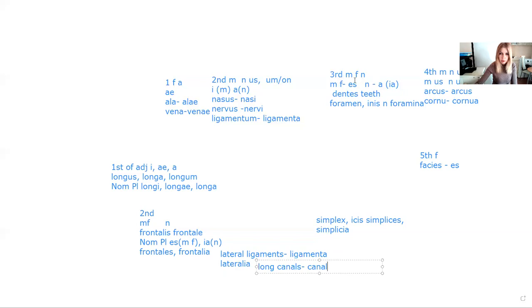So we can see in our table that masculine gender of the third declension has the ending -es, and we have to use the ending -es. Canales. Long is an adjective of the first group, canales is plural and masculine, so we have to use the ending -i, and longus will be longi. Canales longi. So you can see how plural number works in Latin.